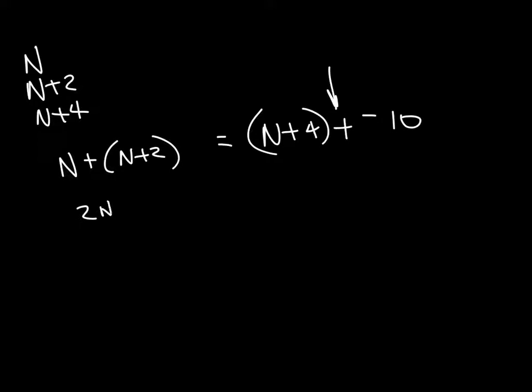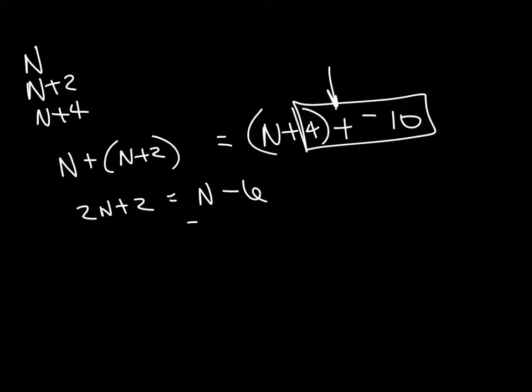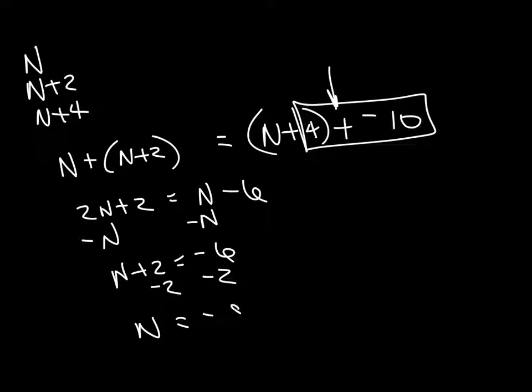So 2n plus 2 equals n minus 6 plus 4 minus 10 is negative 6. Subtract n from both sides, and we have n plus 2 equals negative 6. Subtract 2, n equals negative 8.